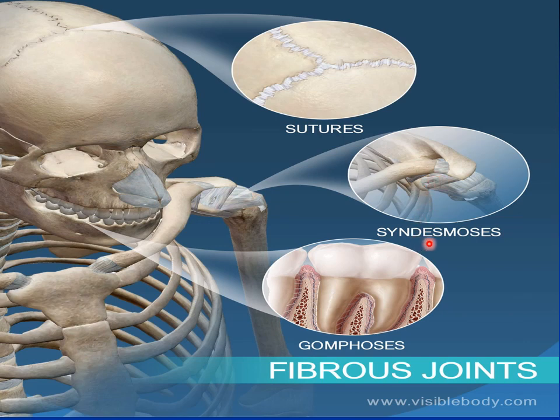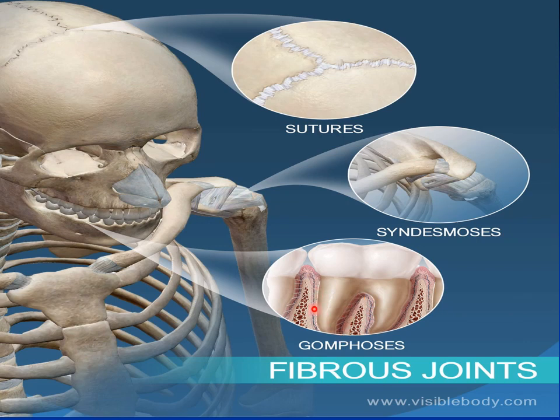This is a syndesmosis, and also the typical example of syndesmosis is the inferior tibiofibular joint, in which the lower end of tibia and fibula unite together by a fibrous tissue. And the gomphoses, these are the peg and socket-like joint, in which the peg-like tooth is fitted into a socket of the bone.